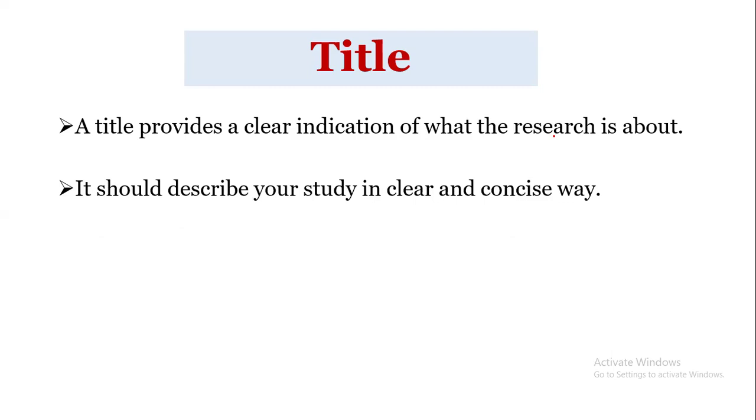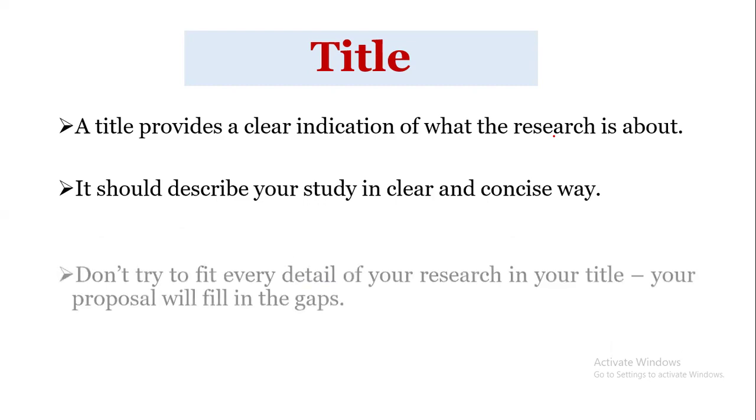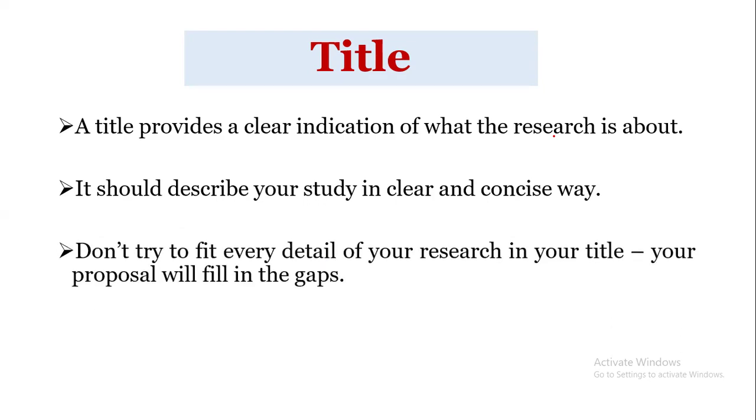So it should describe your study, your project, in 1 or 1.5 lines, not more than that, but it must be clear and concise. It should include all the keywords or the key points which are necessary to introduce a particular project. So don't try to fit every detail of your research into your title.